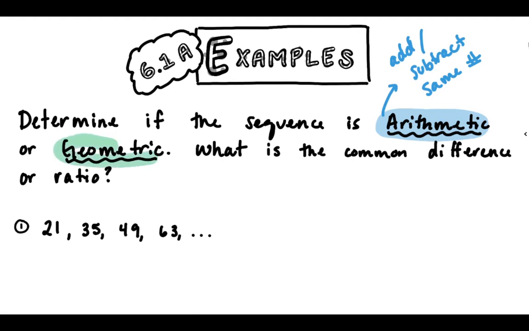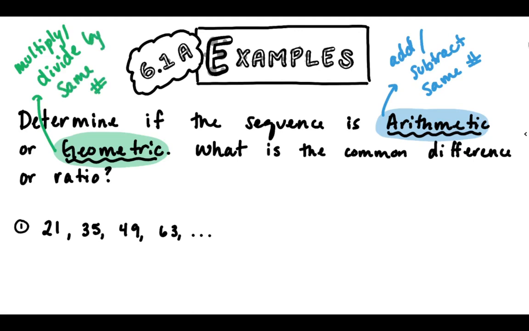Geometric, on the other hand, uses multiplication or division. So for a geometric sequence, you're multiplying or dividing by the same number. And whatever number you're multiplying or dividing by, that's going to be called your common ratio.